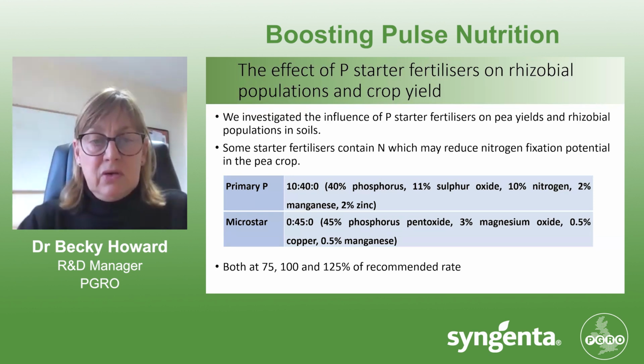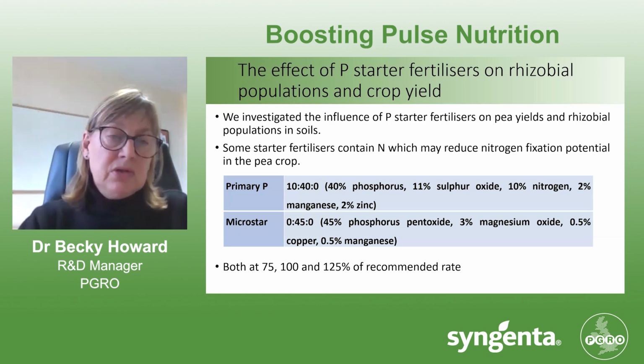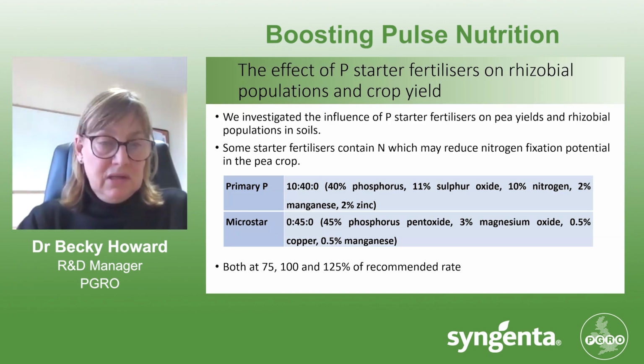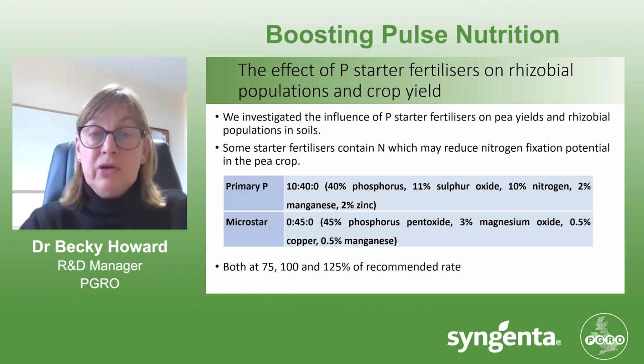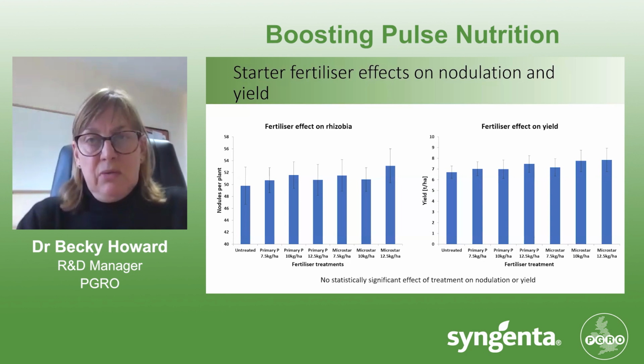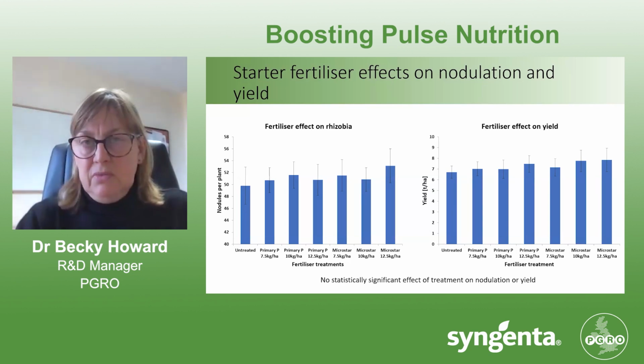And we looked at those across multiple sites in multiple years at a 3/4 rate, a whole rate, and then 125% of the recommended rate. And that is 7.5 kilos, 10 and 12.5 kilos of each product. When we look at the results of that, we can see there are some general trends, I suppose, that we would say came out of those trials.